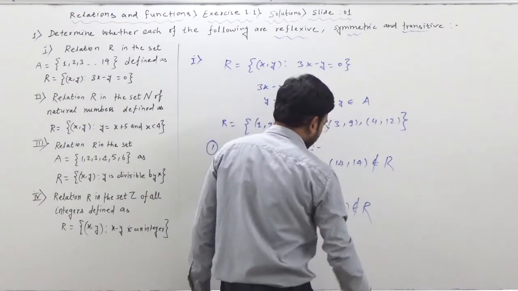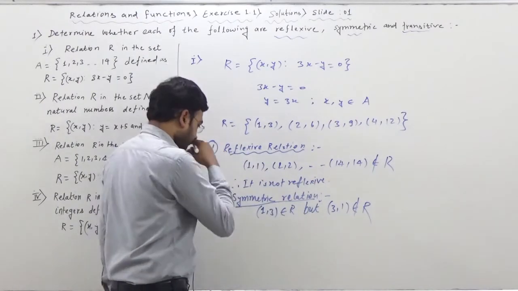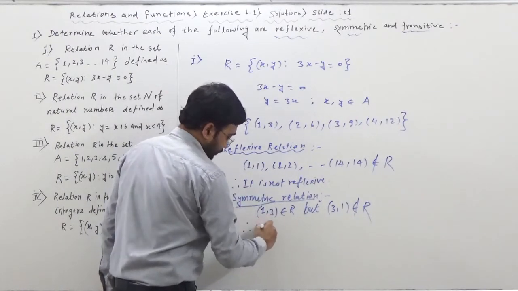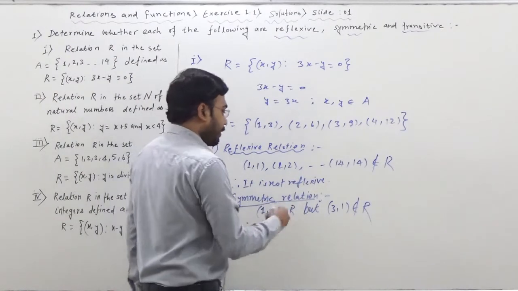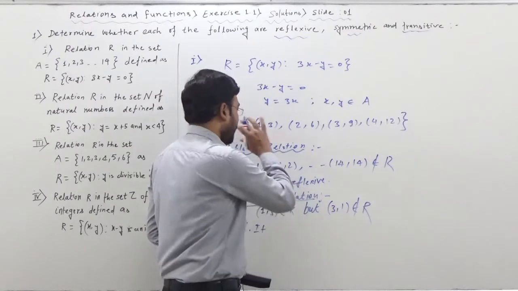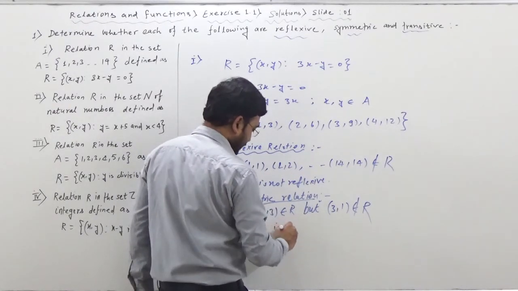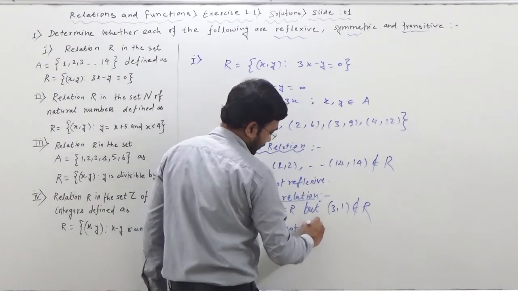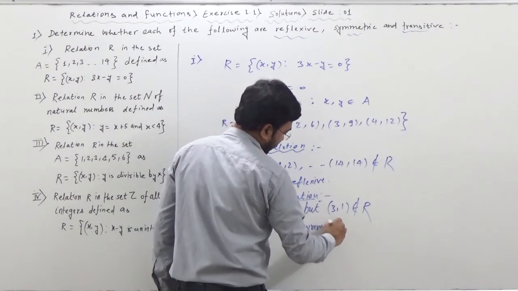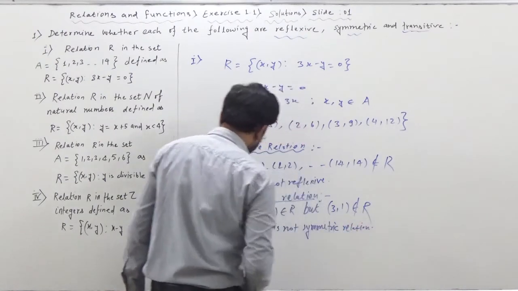Of course not. (3, 1) is not available in this particular relation. Therefore, if you find that (A, B) is there and (B, A) is not there, it is sufficient to say that this particular relation is not symmetric. Therefore, it is not a symmetric relation.